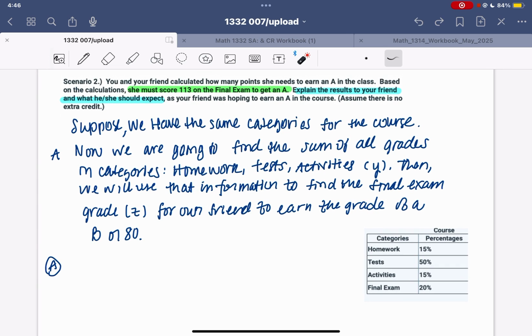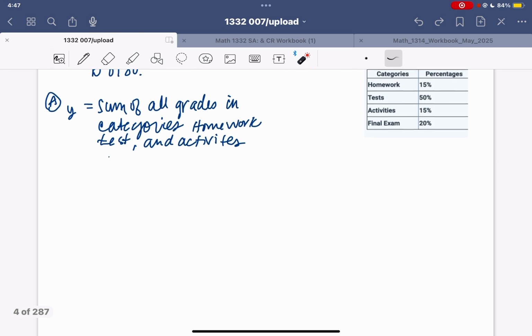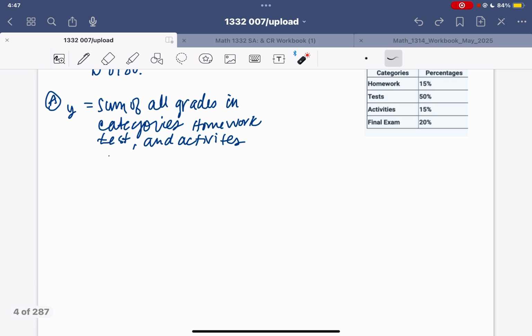So for part A, the sum of all grades in categories homework, tests, and activities is going to be Y. We don't have the averages like the way we did for scenario 1.